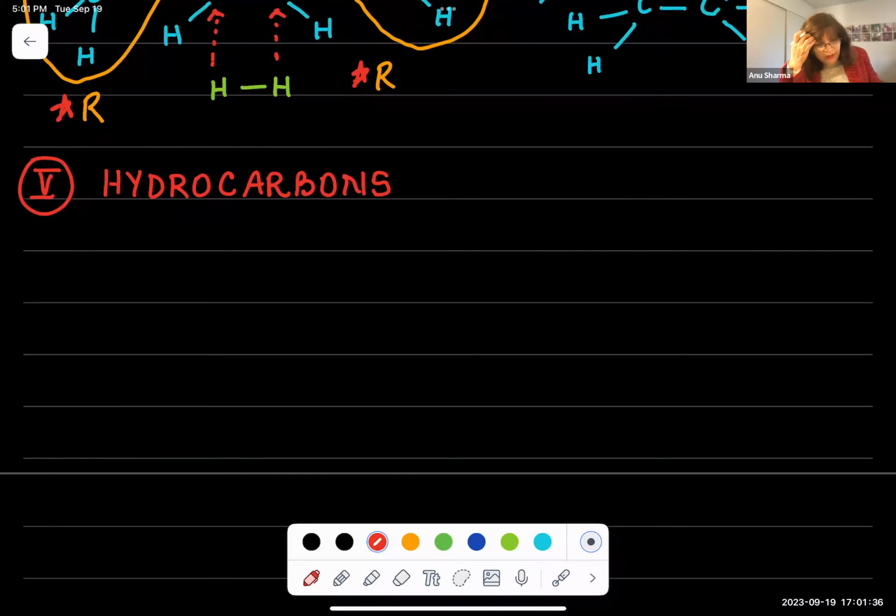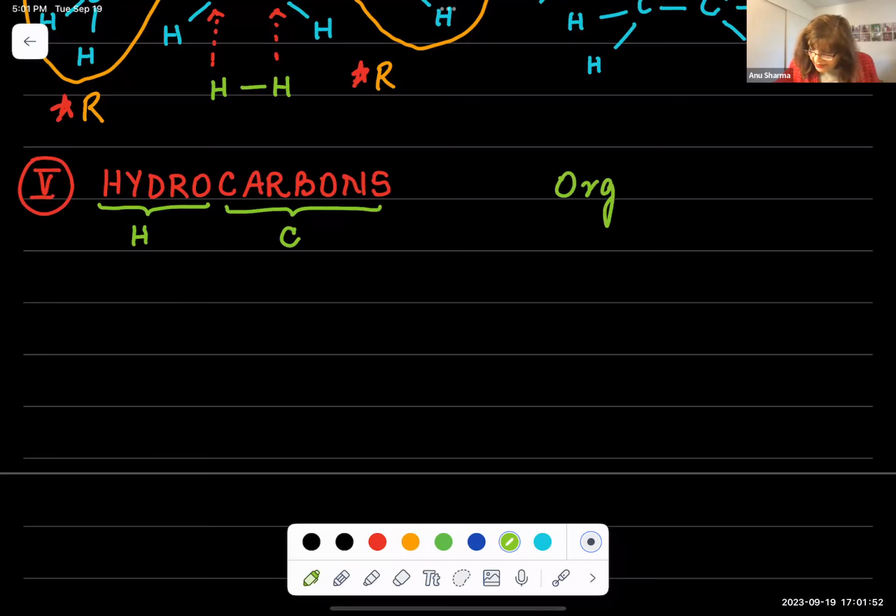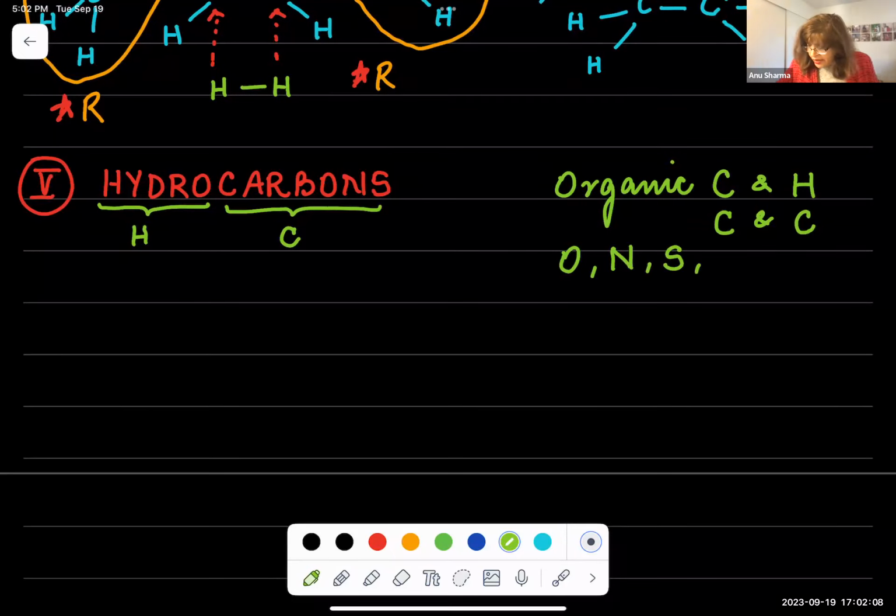Hydrocarbons. Hydro stands for hydrogen, and carbon stands for carbon. But remember, organic chemistry is basically of carbon and hydrogen bonds, and carbon and carbon bonds. But oxygen, nitrogen, sulfur, and the halogens like chlorine and bromine are also found.